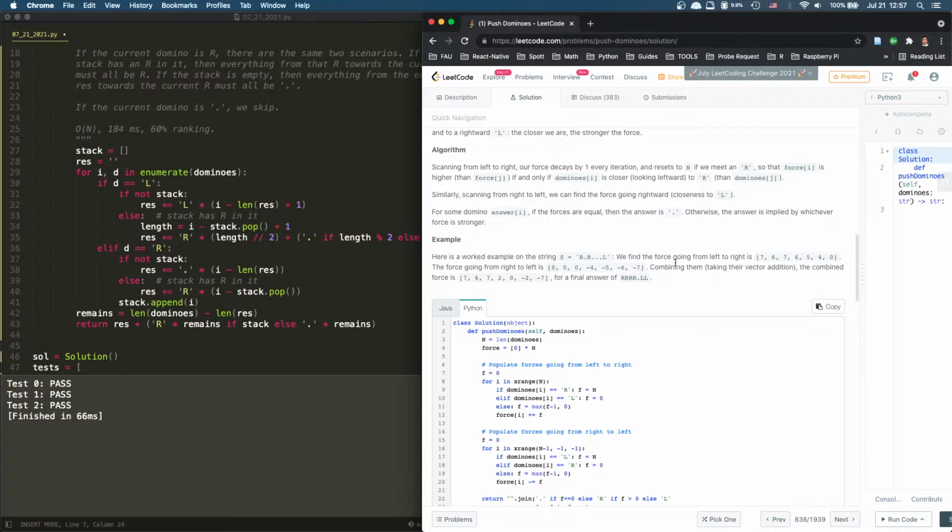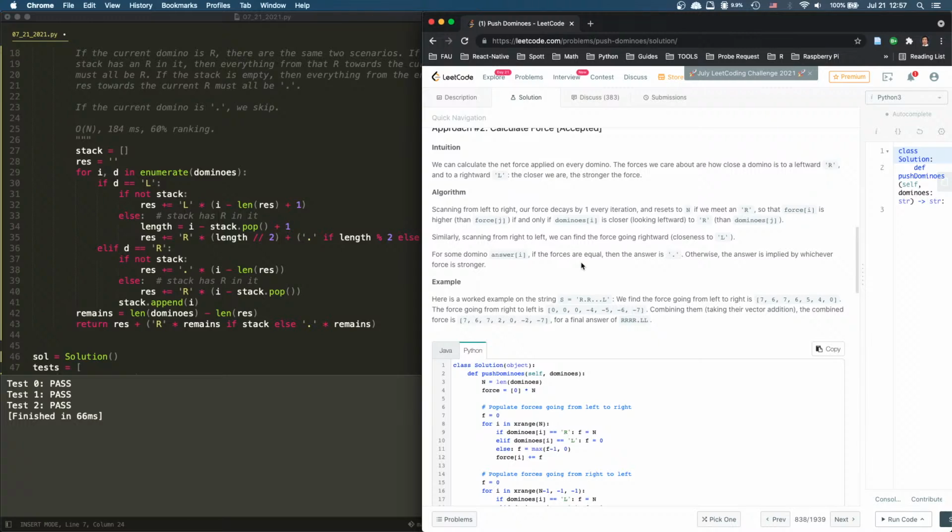Okay, so we find the forces go left to right. Force decays by 1, and then resets to n if we meet an R. So that's 7, 6, 7 again, the force, and then decrease, just keep decreasing, right? 7, 6, 5, 4. A 0, 7, 6, 5, 4. But if I reach L, we get a 0.